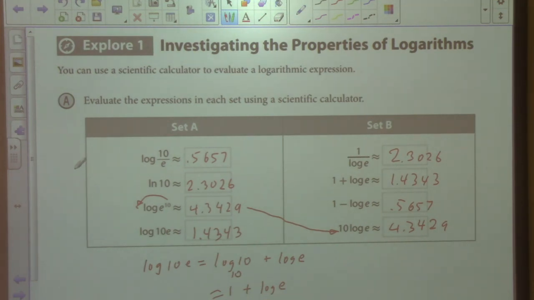So log base e to the power of 10 equals log 10 over log e, and log 10 is 1. So that's how we got there.